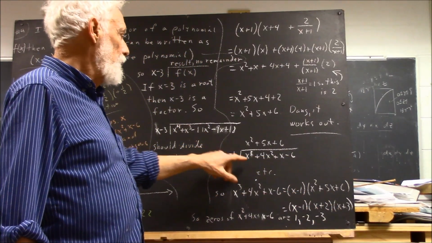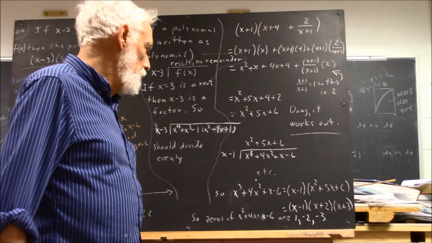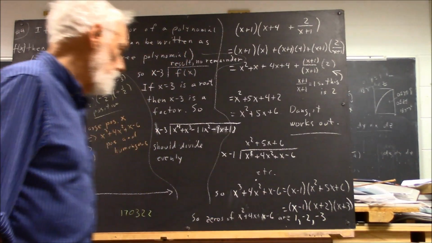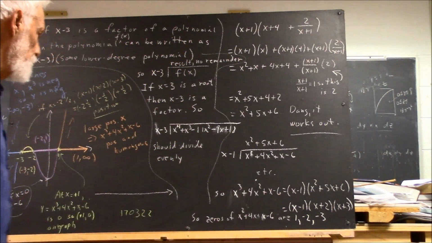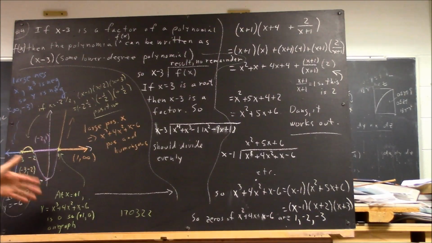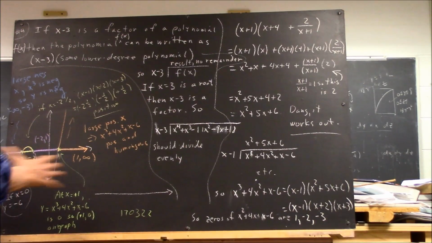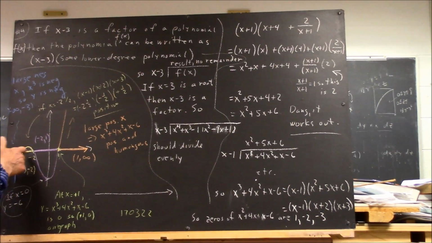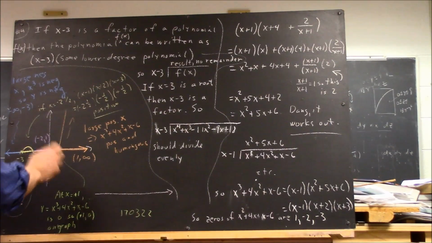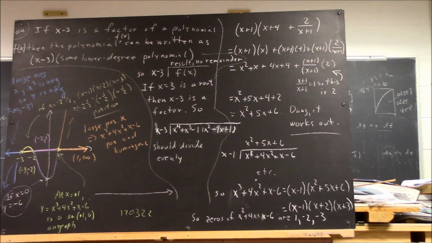By dividing x minus 1 into this, we concluded that we have these zeros. So the polynomial has those 3 zeros, so we can draw a graph. The zeros are at negative 3, negative 2, and 1, which divides the x-axis into 4 intervals, which I've indicated by different colors.